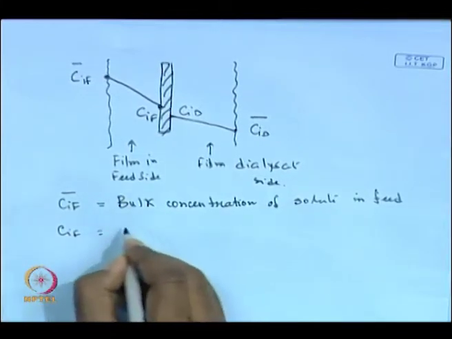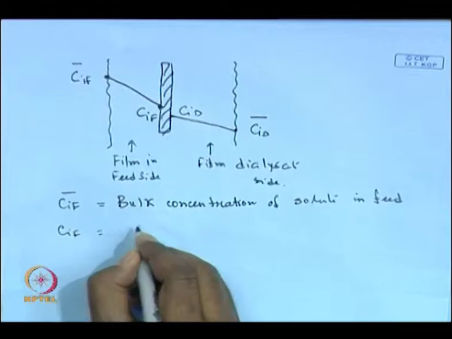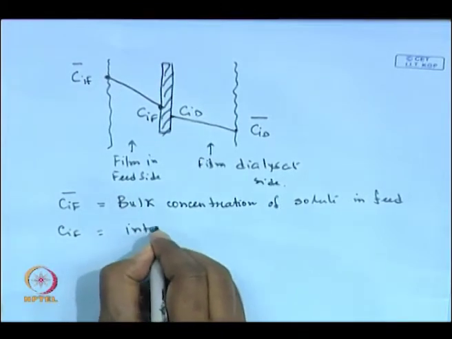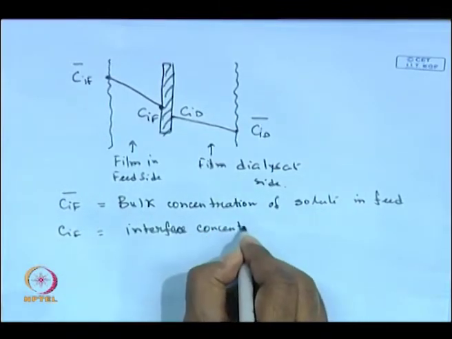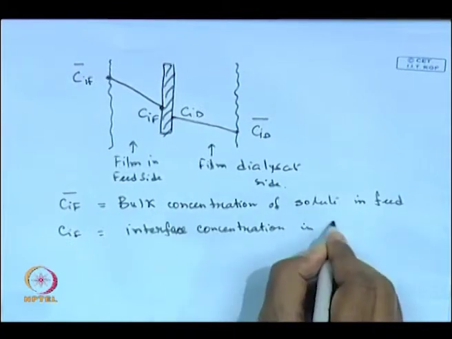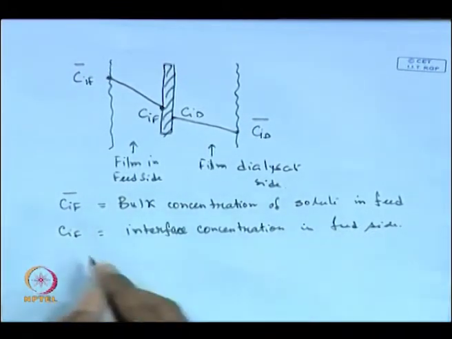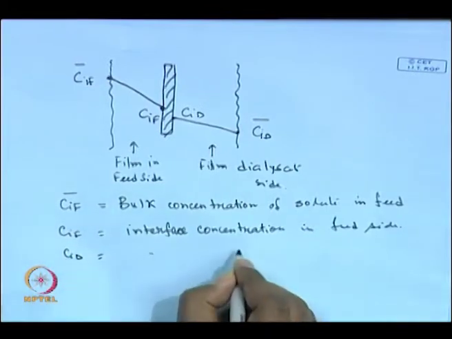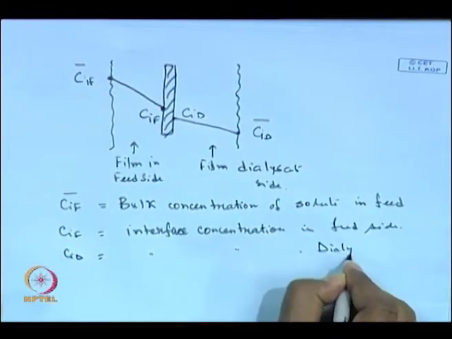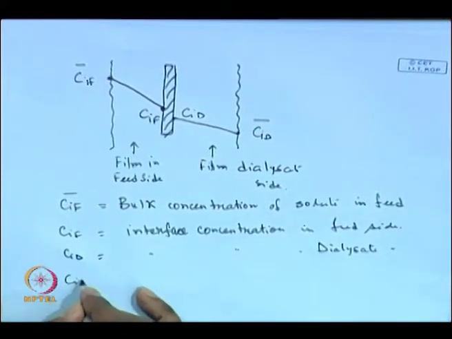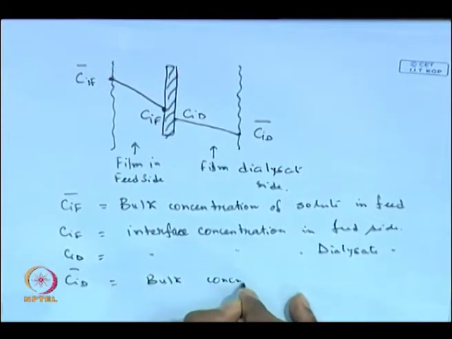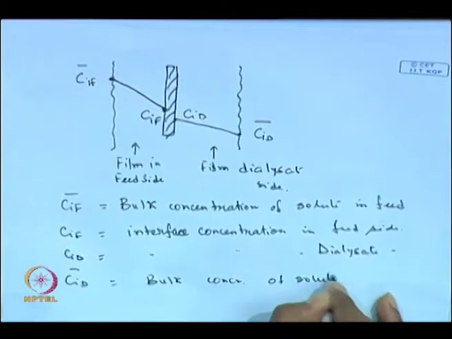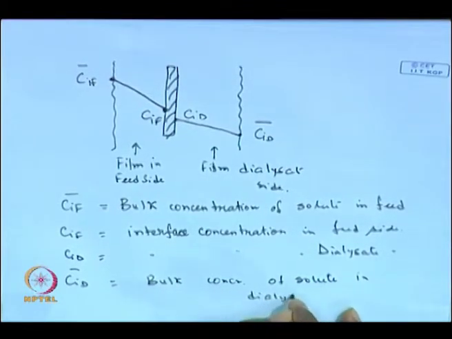CIF is the interface concentration, that means the solute concentration at the interface in the feed side, and CID is the interface concentration in the dialysate side, and CID bar is basically the bulk concentration of solute in the dialysate side.